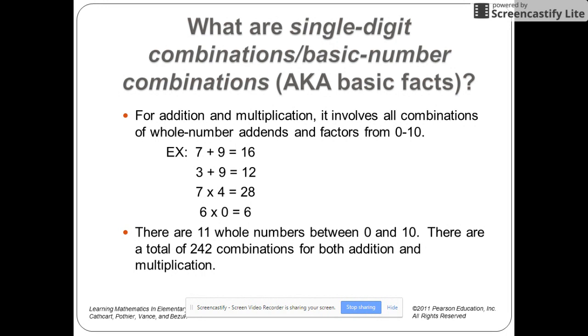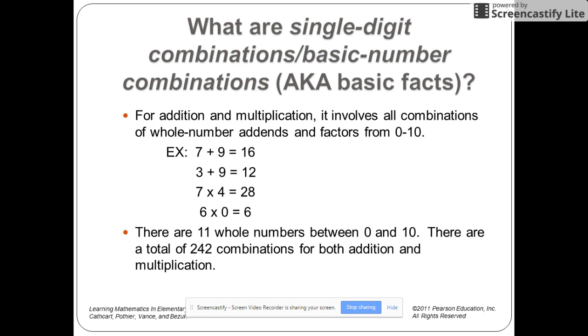They're really not using that terminology of basic facts as much anymore, but you still need to understand what we're referring to when we say single-digit combinations or basic number combinations. Some facts are committed to memory while others are figured out using a step-by-step procedure. Single-digit combinations are those needed to figure out all the others. So they are the basis for the rest of the facts.